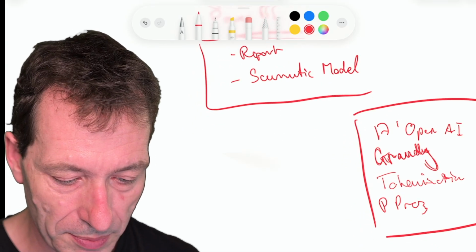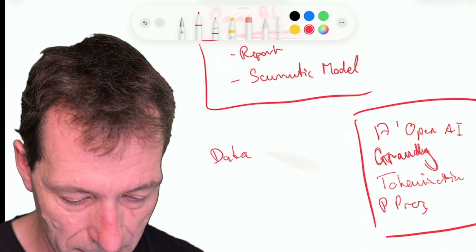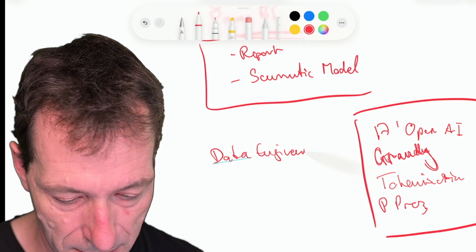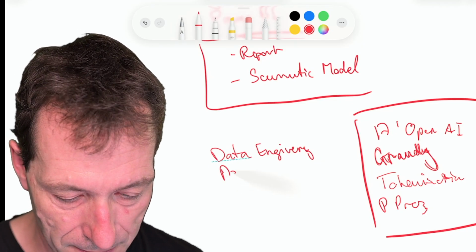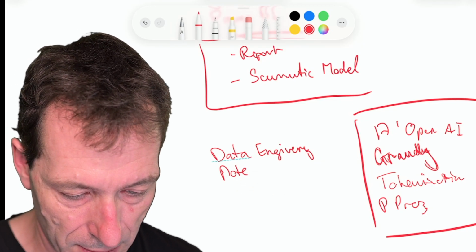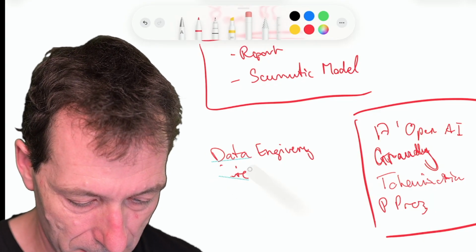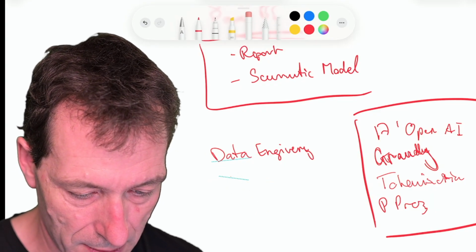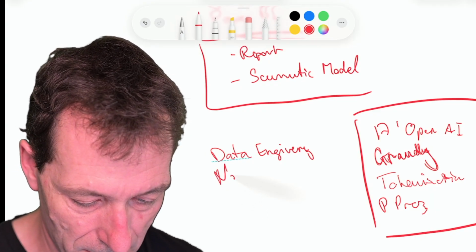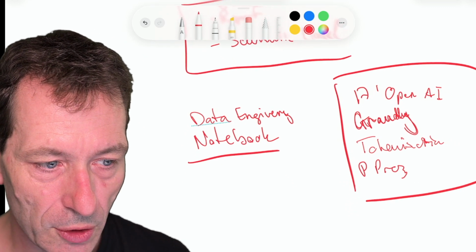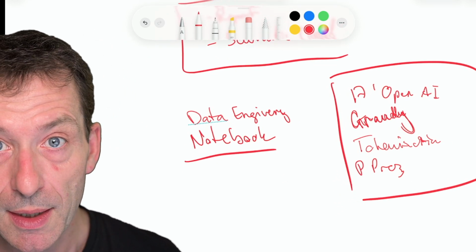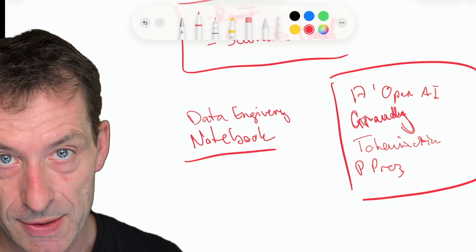Next area would be data engineering. This is notebooks. Oh, that's not correct. Let's wipe that out. There we go. Notebook. In notebooks, you have the chat panel, so you can chat at the side of the notebook.